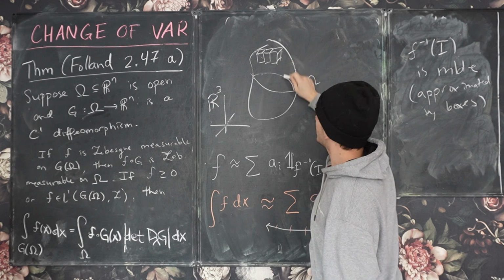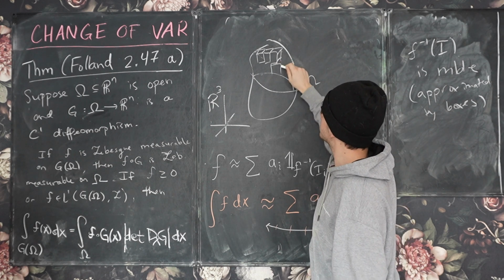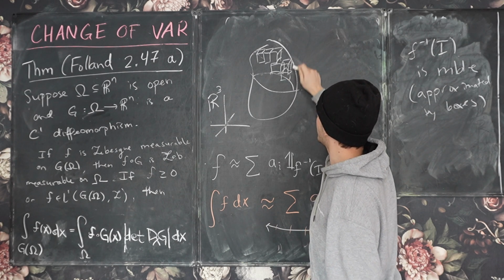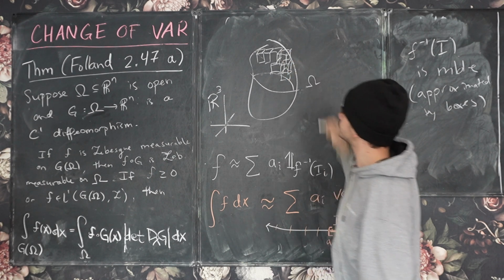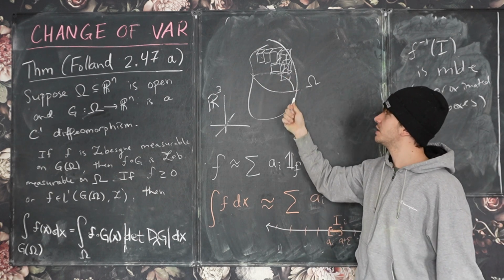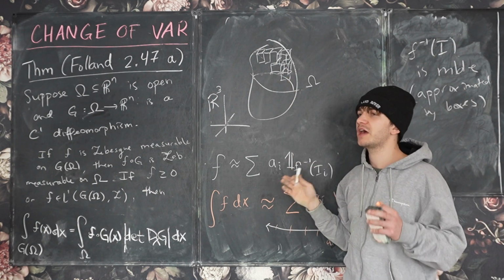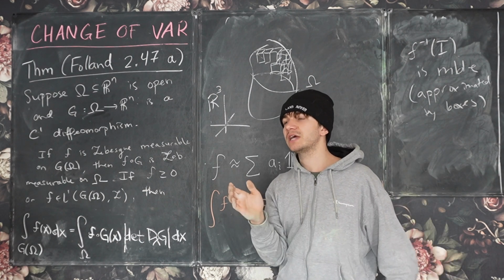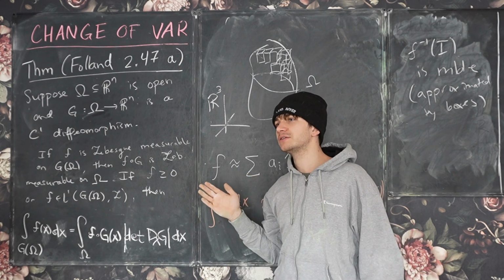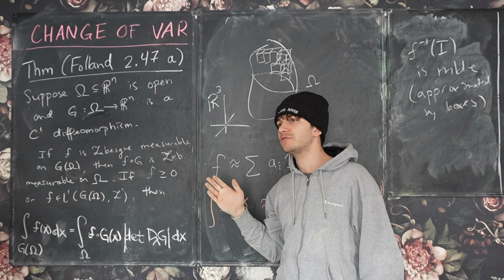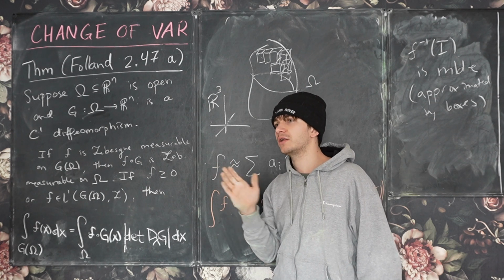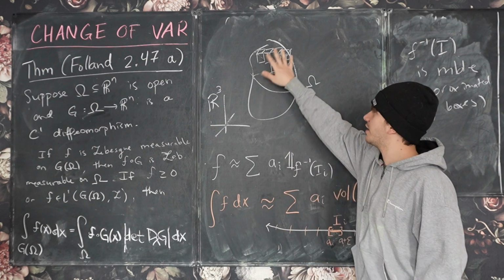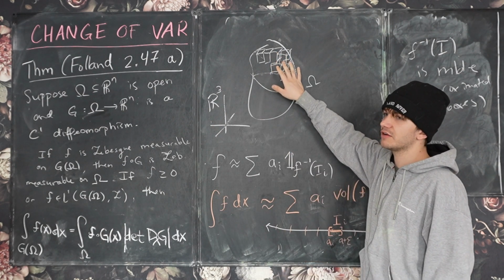If I perform this process, you can just visualize it in your mind: the function f assigns a color to every point. We have some sort of color scale where maybe blue is the highest value of f, and red is the lowest value of f, and it scales along the color scale. Have you seen those plots before? Yeah. So basically, we're going to color Omega by the values of f.